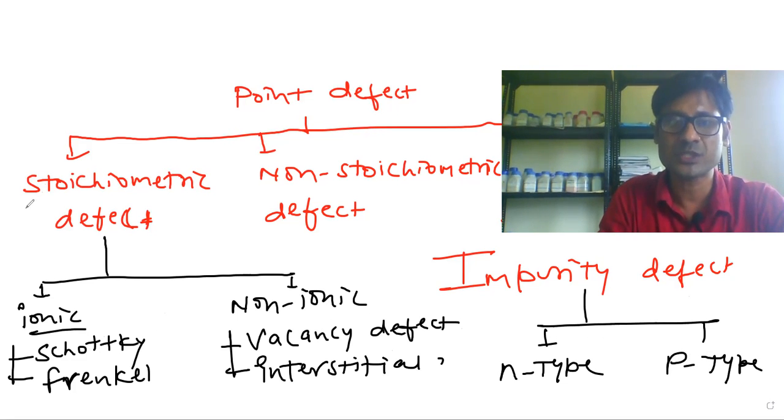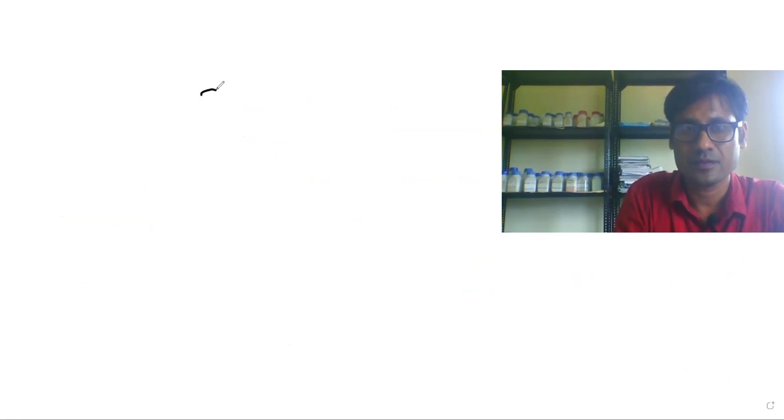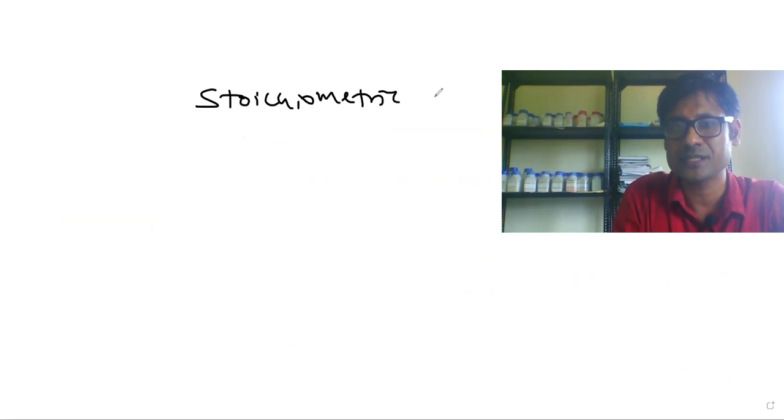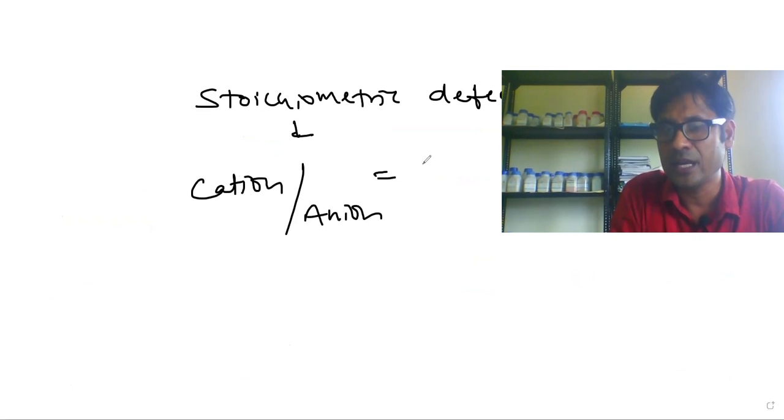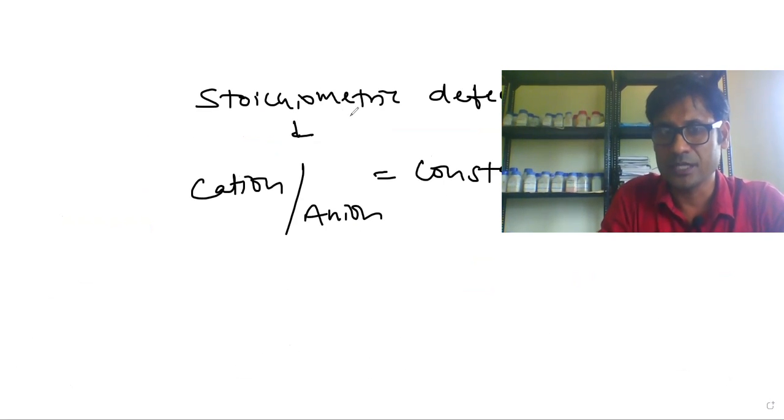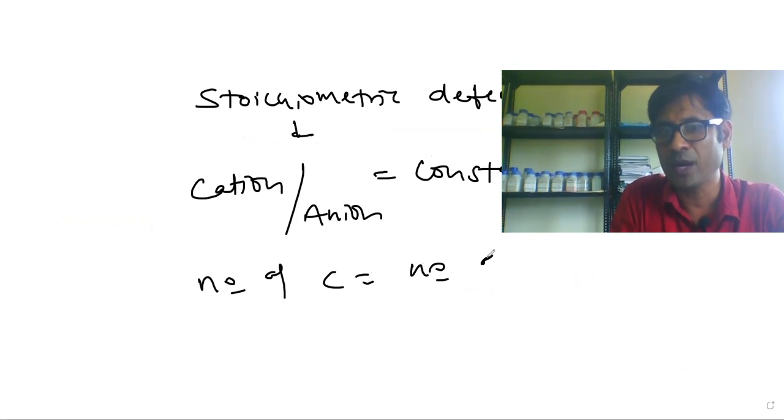So first, what is stoichiometry defect? Stoichiometry defect means the defect in which the ratio of cation and anion remains constant, remains the same. Here the number of cations is equal to the number of anions.